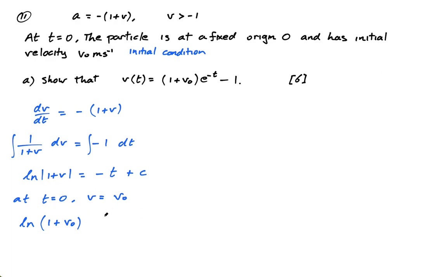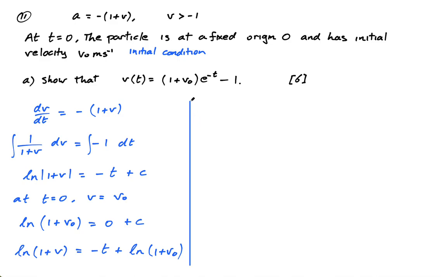So ln of 1 plus v0 equals, this is 0, 0 plus c. So this is equal to c. So now I can write ln of 1 plus v is equal to -t plus c, which is this, ln of 1 plus v0. Okay, I'm going to draw a straight line here so I can continue over this side.